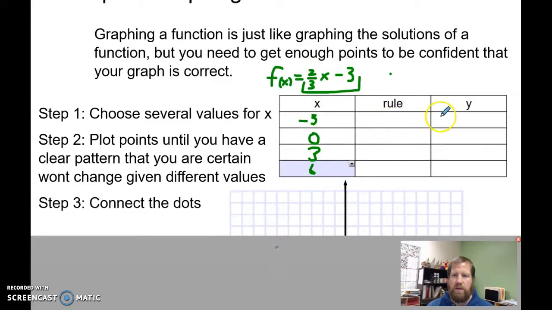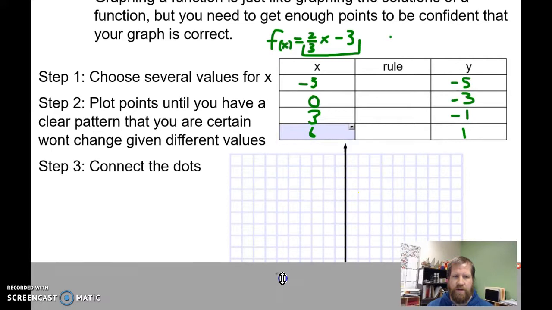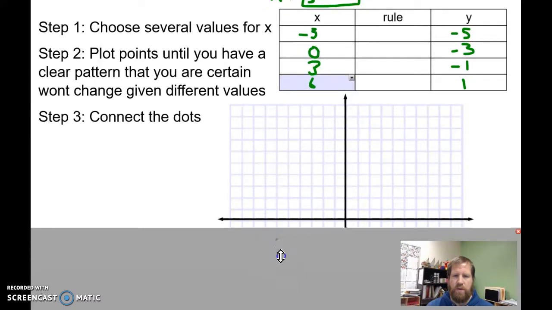Minus 3 is going to be -5. 0 times 2/3 minus 3 is -3. 3 times 2/3 minus 3, -1. And 6 times 2/3 minus 3 is going to be 1. Okay. And now that we've got our values, we can plot those points.